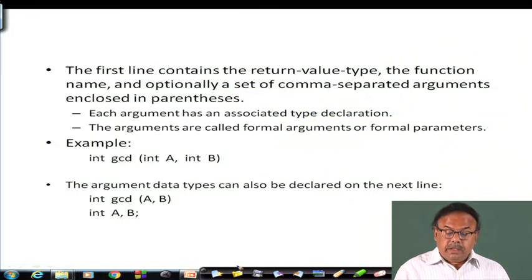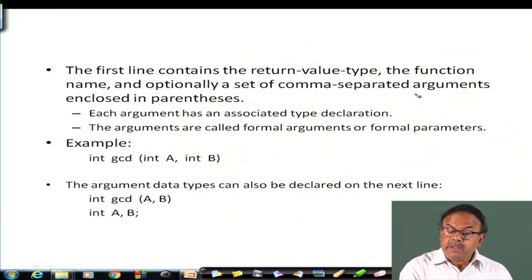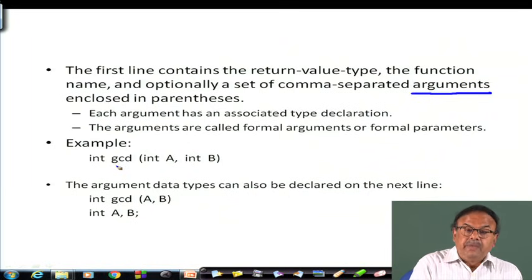So the first line contains the return value type, the function name, and optionally a set of comma separated arguments enclosed in parentheses. Like say here I am defining a function called GCD, greatest common divisor.